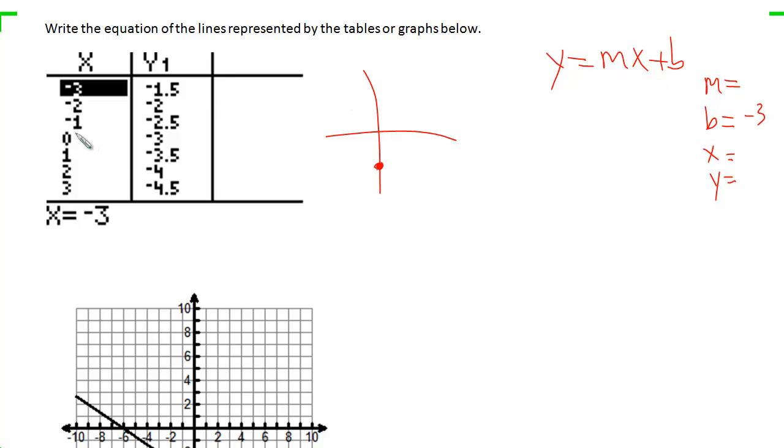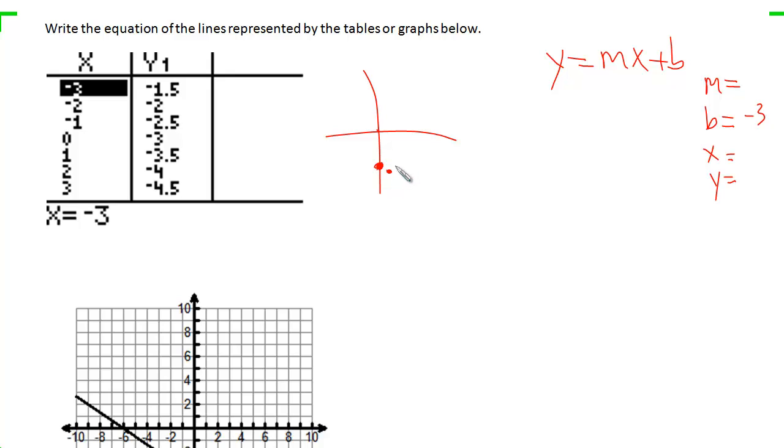Because if you look, every change that you go up or down, see when I'm at 0 and I go up 1, up 1, up 1, what's happening to the y value? How's it changing? It's actually moving down by another half. So I'm going from 0 to 1 on x, and I'm down at -3.5.